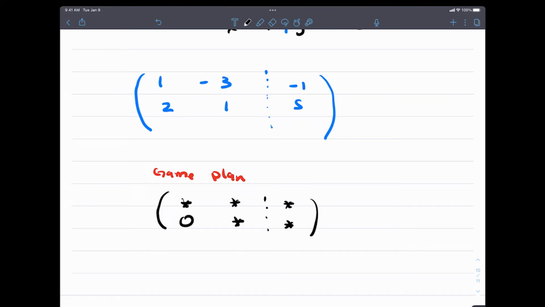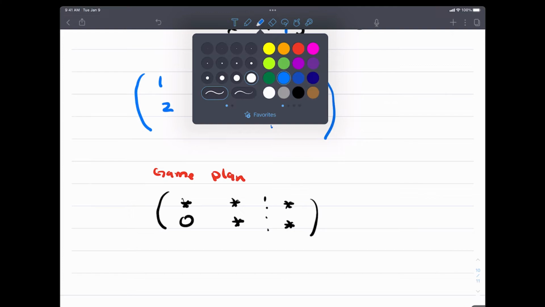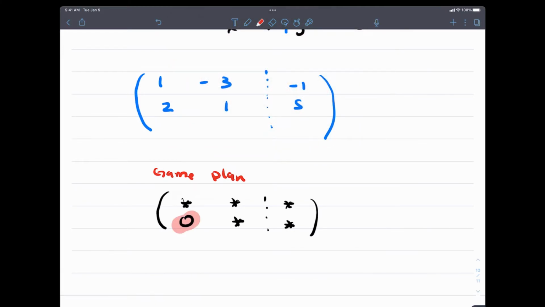Anybody remember the name of the matrix? What is it? It's close. You got it. What is it called?